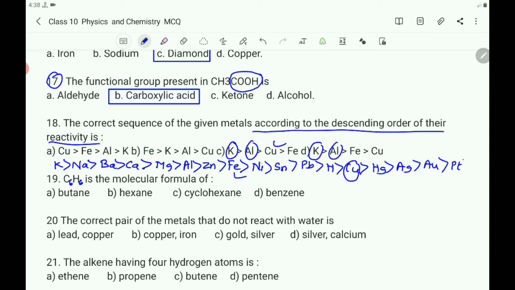So you must take option D. Fe is more reactive than copper. So here potassium is more active than aluminium. Aluminium is more active than iron. Iron is more active than copper. So which is the answer here? Option D is the answer.